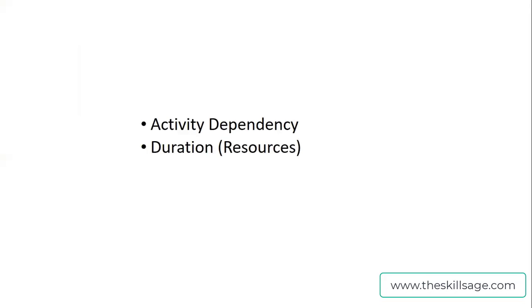So to develop this project, the important thing we need is activity dependency. What is activity dependency? We have to correlate and show links among activities, and then we have to define duration or resources. Duration and resources are inversely proportional to each other. So these are the two important things. We have to link up activities.